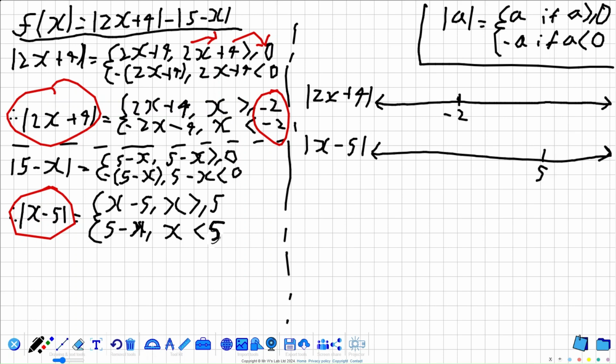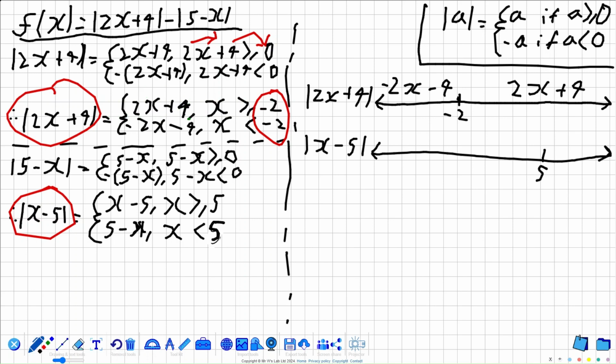So for this section here, where it's below -2, and obviously that's for that, we're going to put in that number there. So obviously that's -2x minus 4. And then on the other side, it's obviously 2x plus 4, as we've got there.